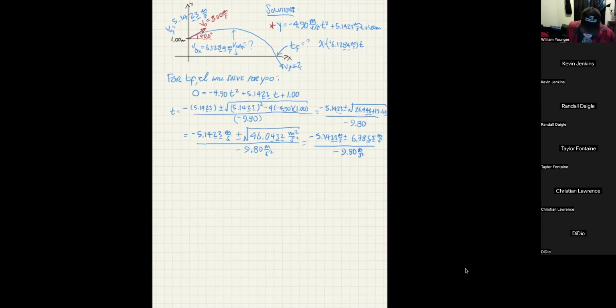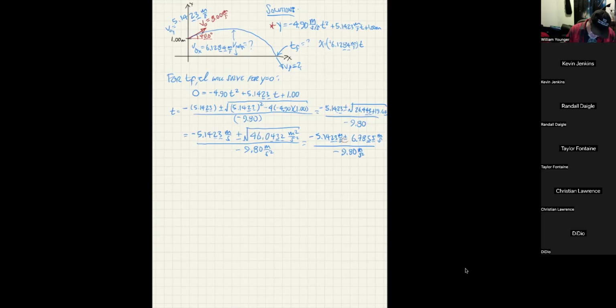I'm possibly going to add them or subtract them. Notice that the negative 5 is actually less negative than the 6. So if I did a negative 5 and the bottom symbol negative 6, I get like a negative 11. And then I divide that by a negative number, I'd get a positive. So that works okay. So the bottom sign definitely gives us a positive time.